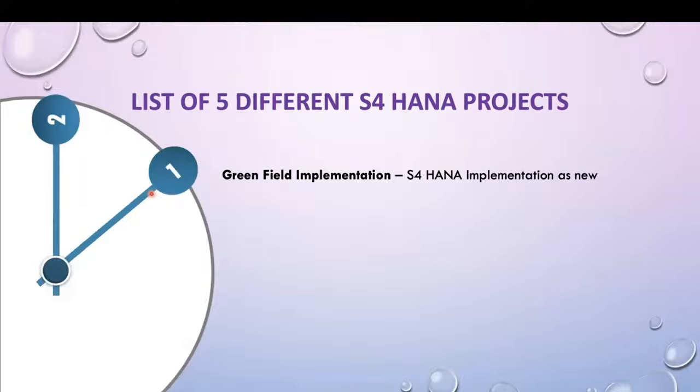Currently, they are not using any kind of ERP system, or they are using just the basics of managing with MS Office or other basic things to run their business. And first they are planning to implement S4HANA. So they are not using SAP ECC, and they are using some basic ERP system or any other ERP system, and they want to go for a brand new S4HANA implementation project. Then that implementation will be called greenfield implementation.